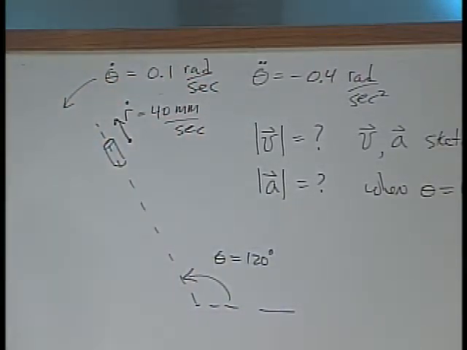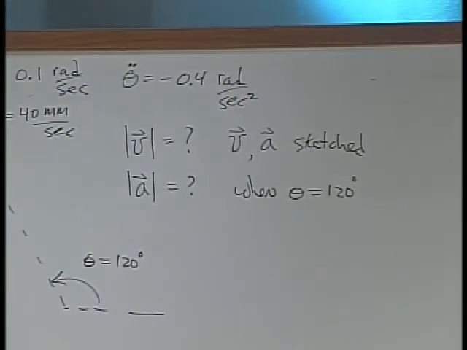There's a sort of concise statement of all the given information in the problem. How many of you feel like you have the velocity equation in your head in polar without having to look it up?